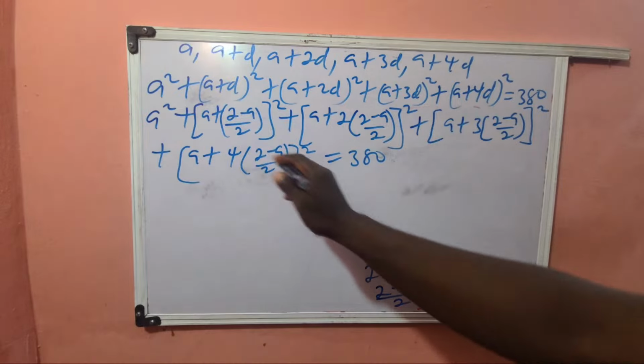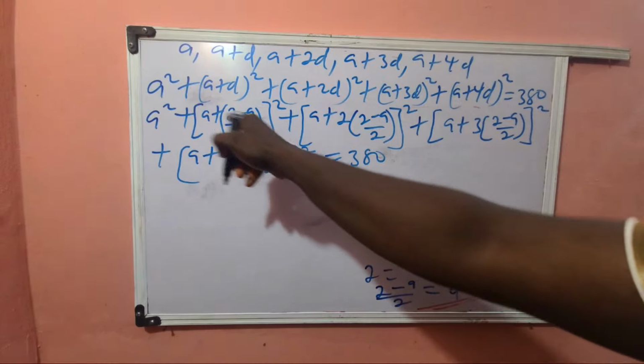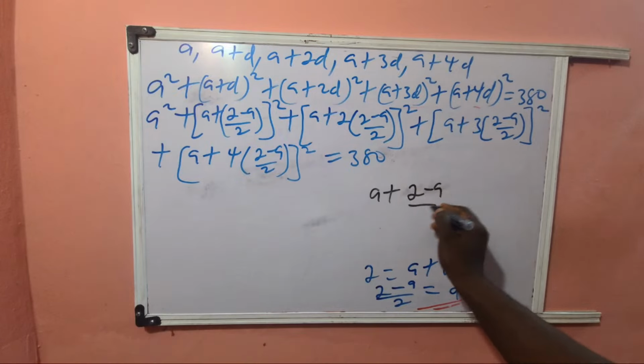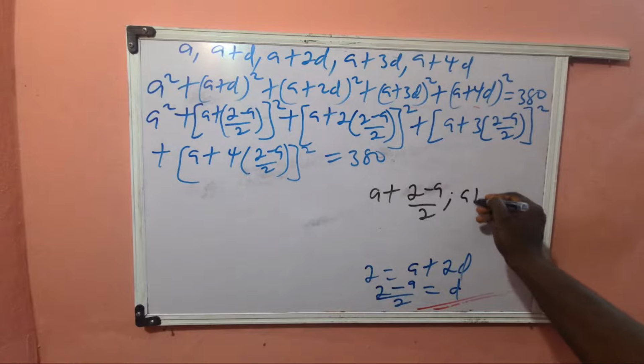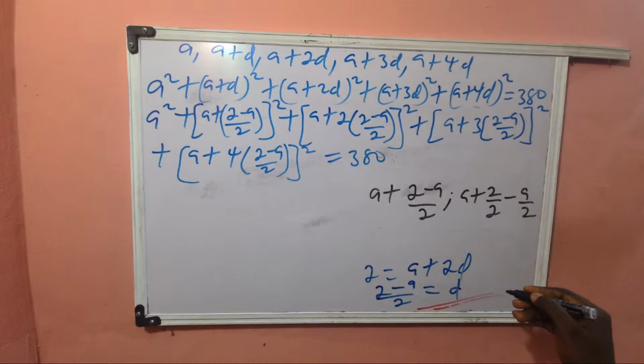We are having 2 minus a over 2, and we're having a. If I resolve what is inside here, I will have a plus 2 minus a over 2. If you split this up, I will have a plus 2 over 2 minus a over 2.